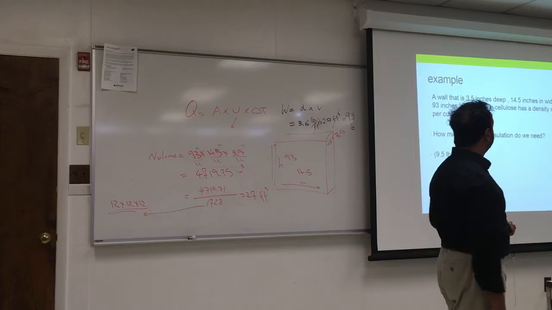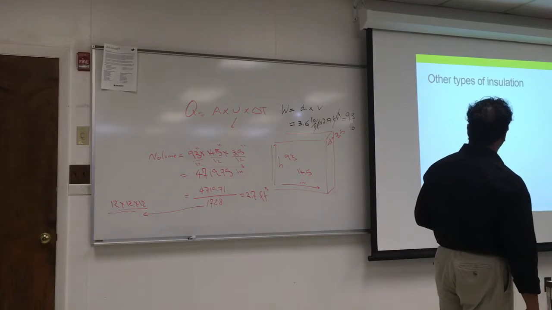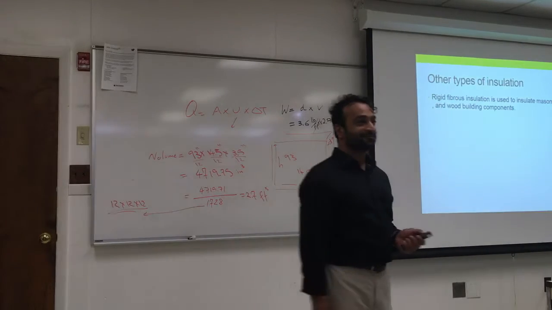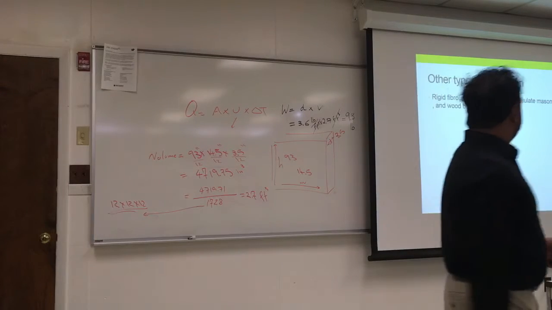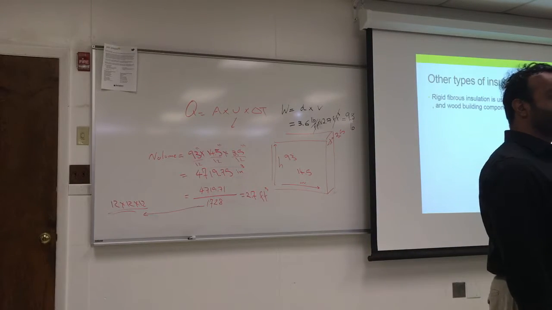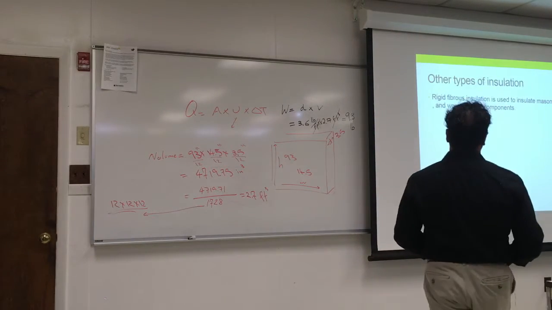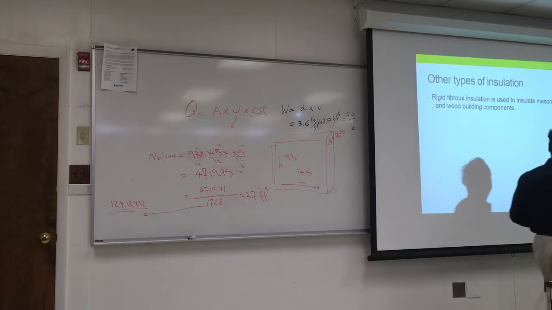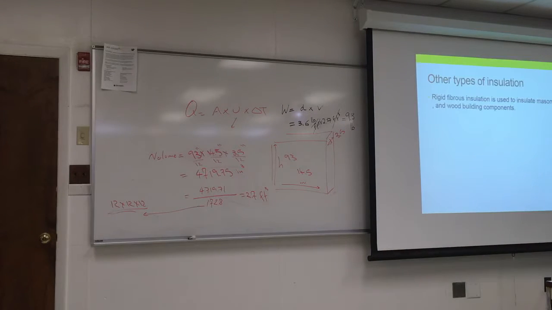Fantastic. Alright. Other types of insulation. We have rigid fibrous insulation that is used to insulate masonry walls. If you have brick walls or stone walls, you can use rigid fibrous insulation, which looks like a board.